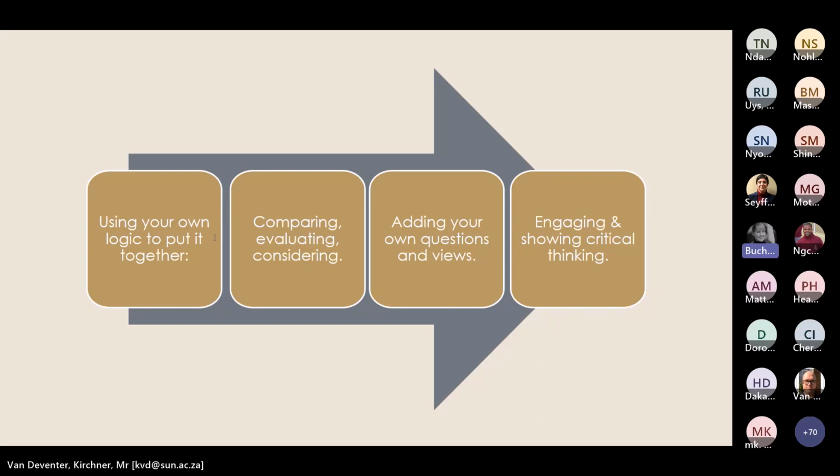You're adding your own questions and views, whether they be actual notes that you jot down or whether these are thoughts that are going on in your head, and you're engaging and showing critical thinking. So as one writes, there's this notion that one has a personal conversation with oneself, and it's this process, this metacognitive thinking, you're thinking about your thinking, that is so important in academic writing. All right, great. So let's move on to the next slide.